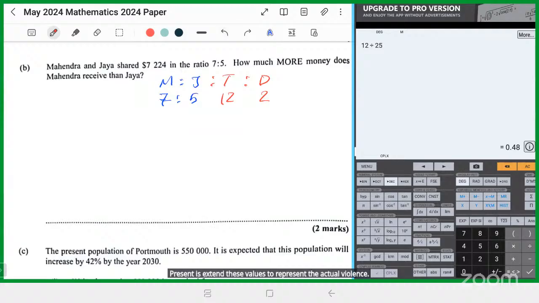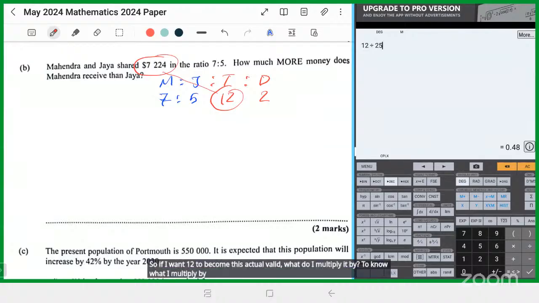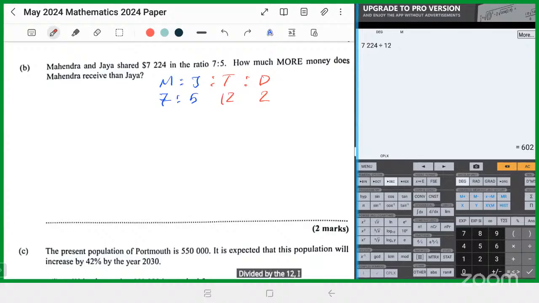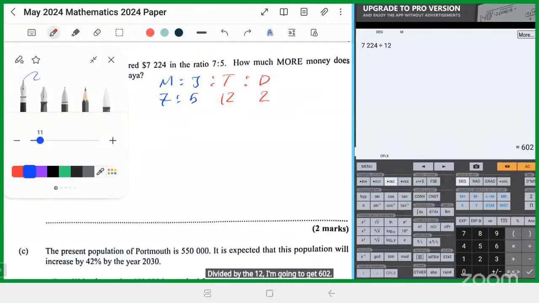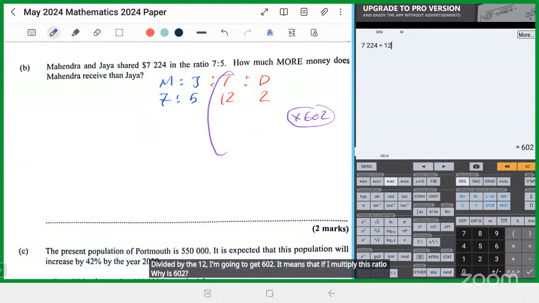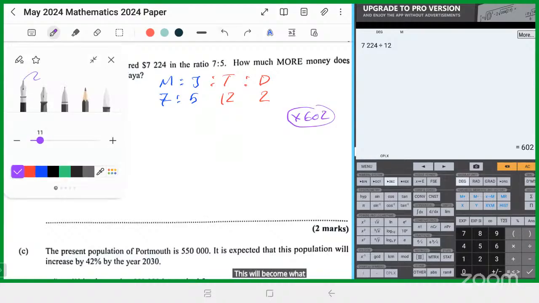If I want 12 to become this actual value, what do I multiply it by? To know what I multiply it by, I can divide by the 12. If I divide 7224 by the 12, I'm going to get 602. It means that if I multiply this ratio by 602, this will become what the values actually are.